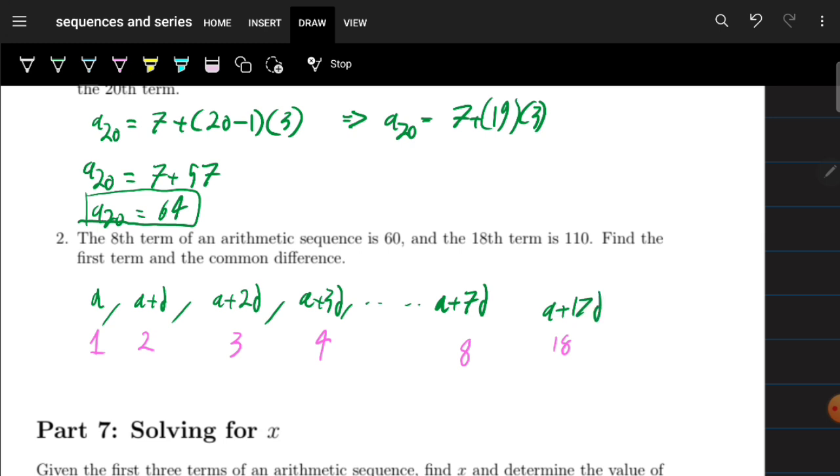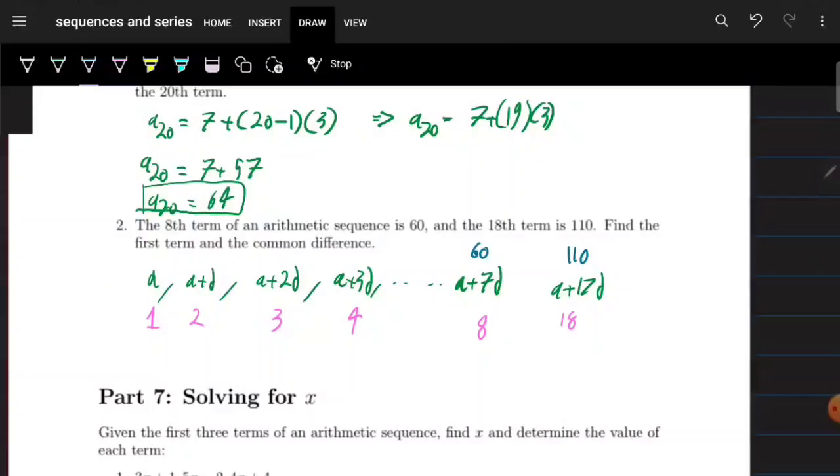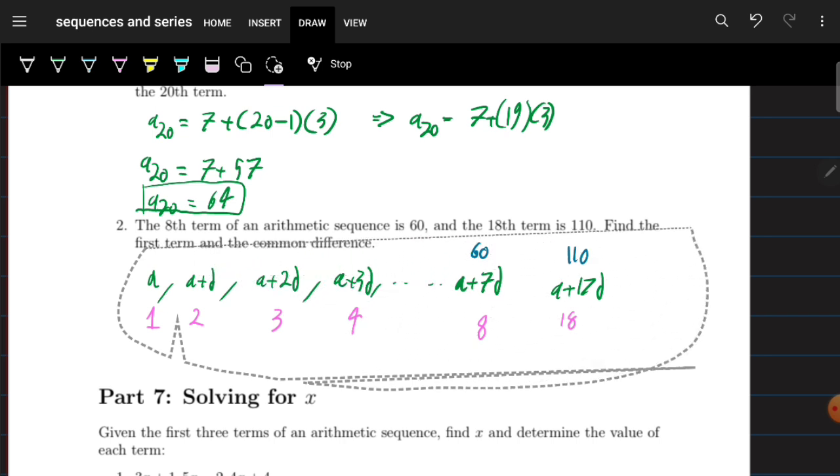Okay, so the two pieces of information we need for this problem are these two. We are also told that the eighth term is 60 and the 18th term is 110.